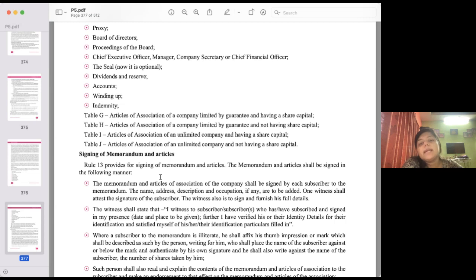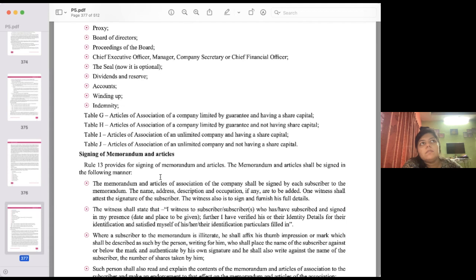Signatures of, say, two directors at the same time, or say one director and one company secretary of the company, in order to show the authenticity of the company's seal, that the company now chooses to bind itself with certain contracts where the seal has been used. So it ensures that the company is not made liable for contracts that it never entered into. So this is something that they have actually spoken about.